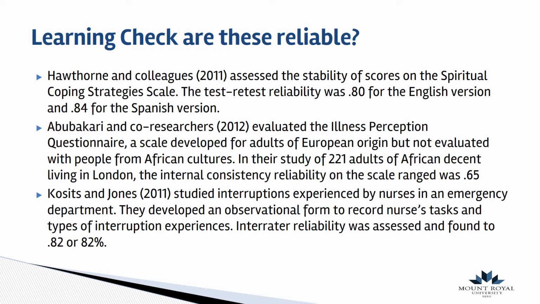Hawthorne and colleagues in 2011 assessed the stability of scores on the spiritual coping strategies scale. And the test-retest reliability was 0.8 for the English version and 0.84 for the Spanish version.